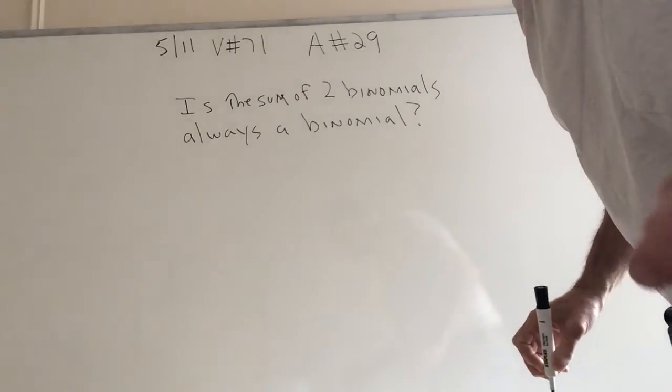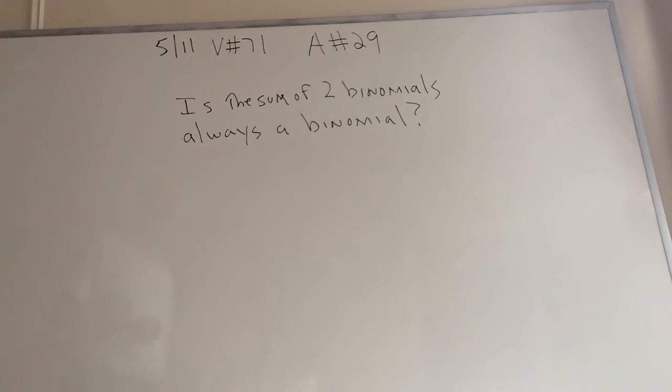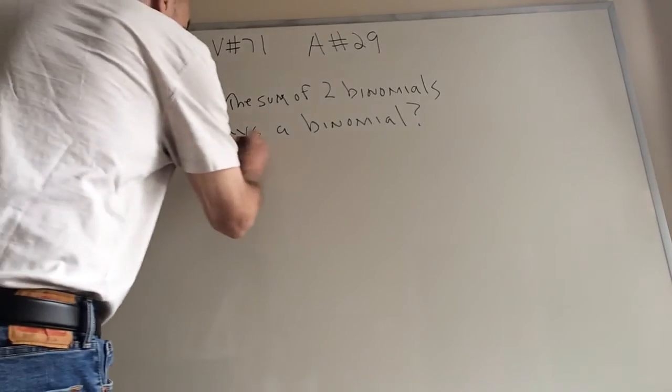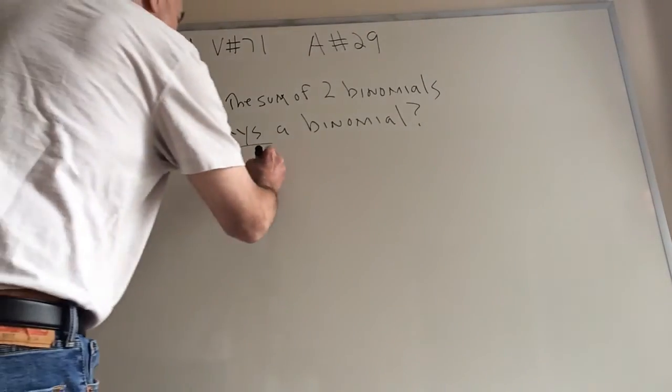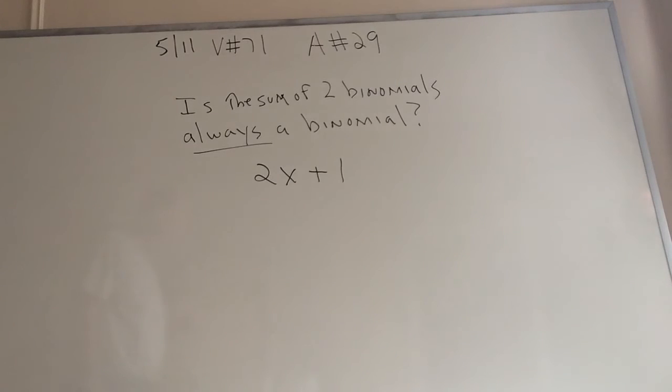And we're up to 12 minutes now, so I only got about 2 minutes to do this. And we could expound quite a bit more on this, but what's the answer going to be? Always? Well, I'll tell you what. How about 2x plus 1? Isn't that a binomial? Two unlike terms?